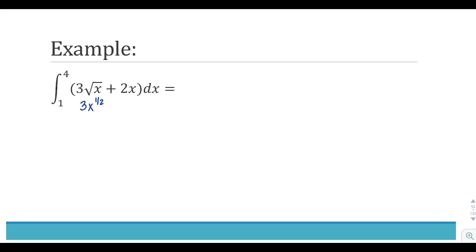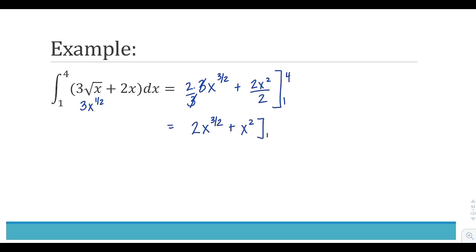So the antiderivative here, I'm going to end up with 3x to the 3/2 times 2/3, and then plus 2x squared over 2, and this is all evaluated from 1 to 4. So the 3's cancel here, and I end up with 2x to the 3/2 plus x squared from 1 to 4.